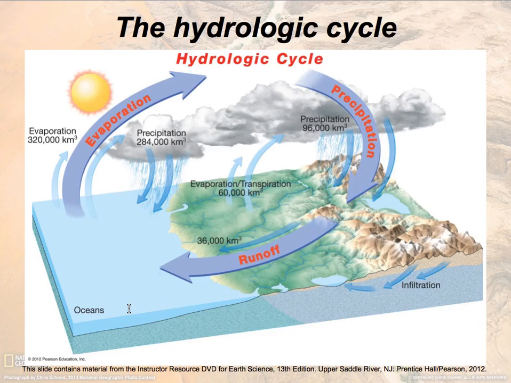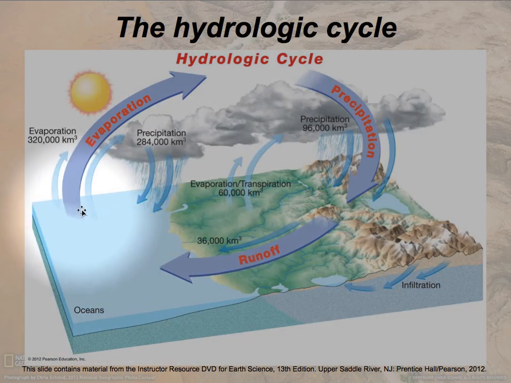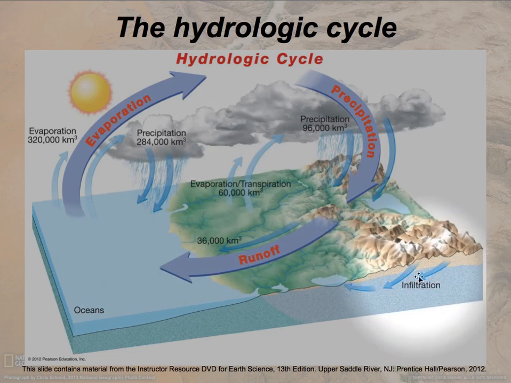There are lots of different cycles contained in the Earth system, and graphical representations are oftentimes the easiest way of illustrating their various components and processes. In this case, we have the major components of evaporation, precipitation, and runoff. The minor components of evaporation, transpiration and infiltration are represented here.